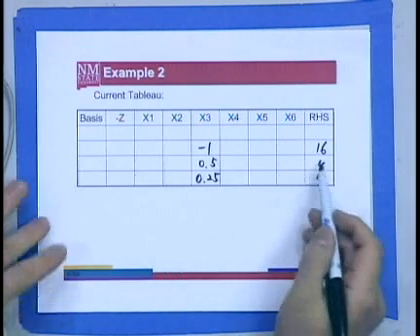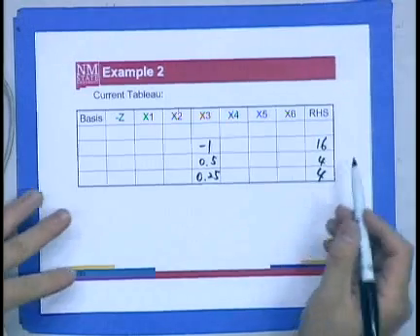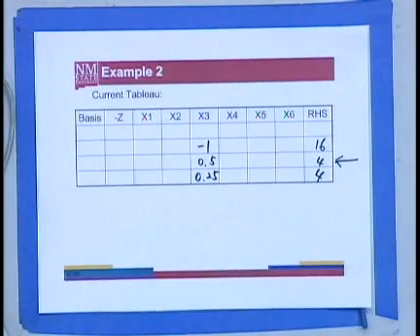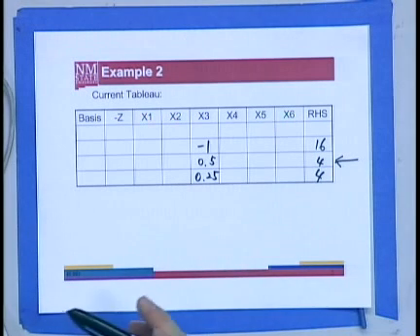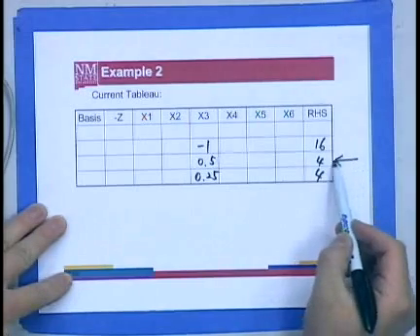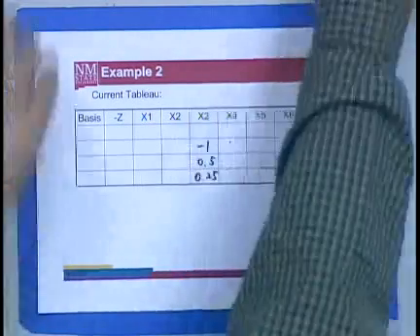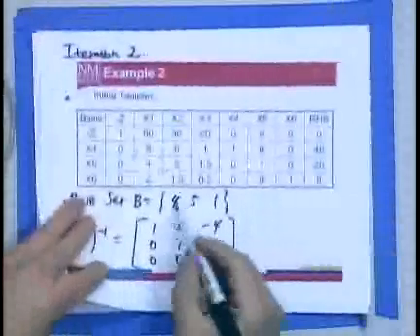And the minimum ratio tells us the second ratio, which is this, is the minimum. So the x3 variable must enter the basis in this row, right? Which means currently the basis is 451.